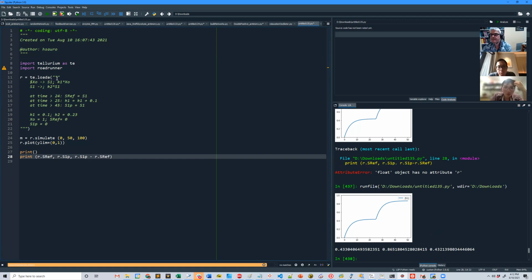You see the delta change? Now, the trouble with that delta change is if I want to investigate perturbations, I could make a perturbation like this and I could record the delta change and tell you that if I perturb K1, I get a delta change of 0.4321. Ideally, I should probably take the ratio of the delta change in S1 to the delta change in K1, which was 0.1.